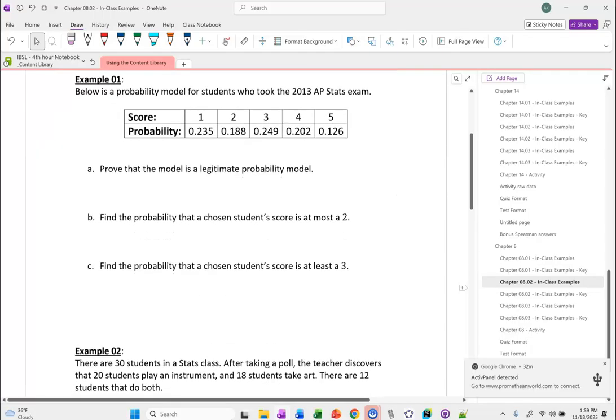Below is a probability model for students who took the 2013 AP Statistics exam. Prove that what we're looking at is a legitimate probability model. Good, they need to add to 1, right?